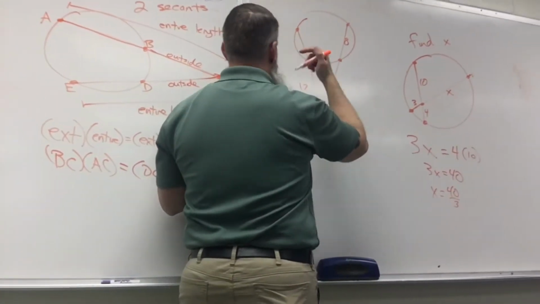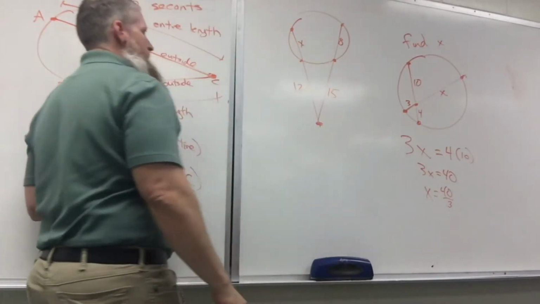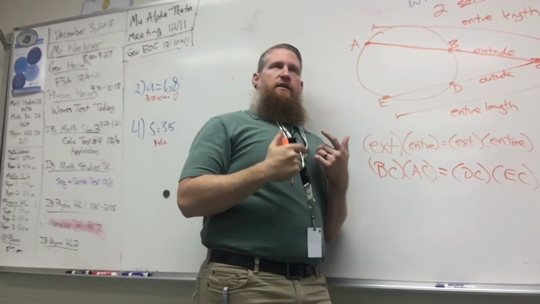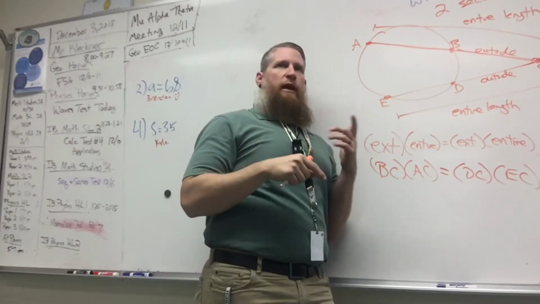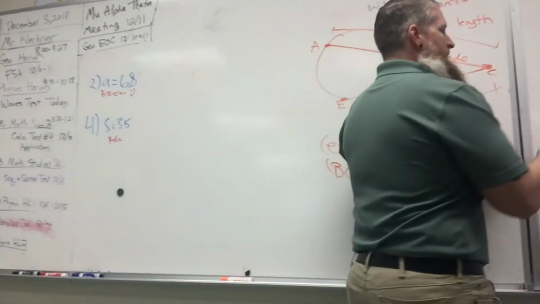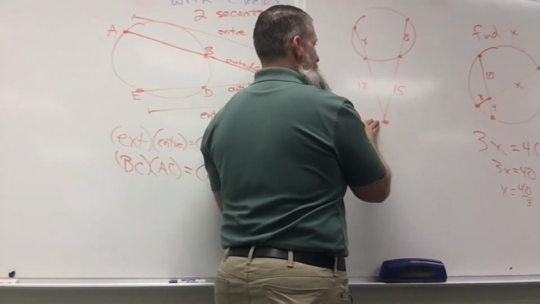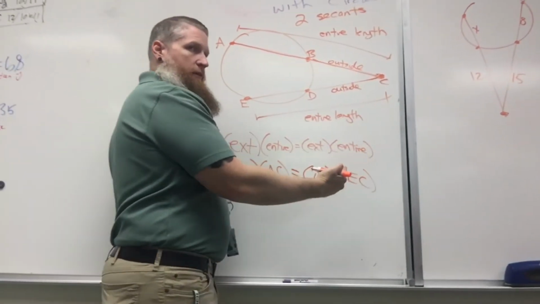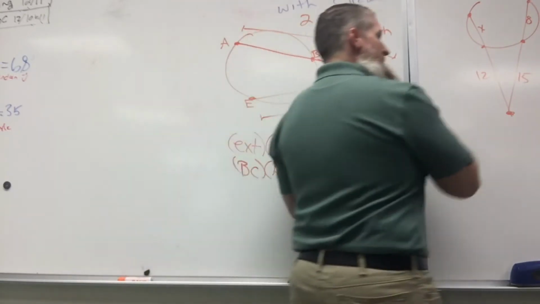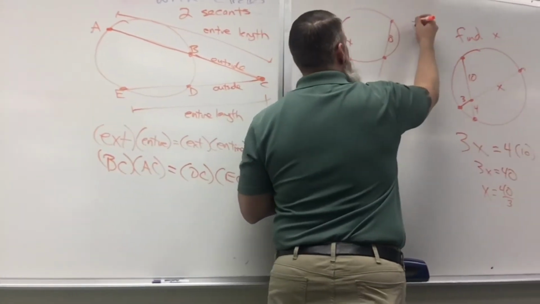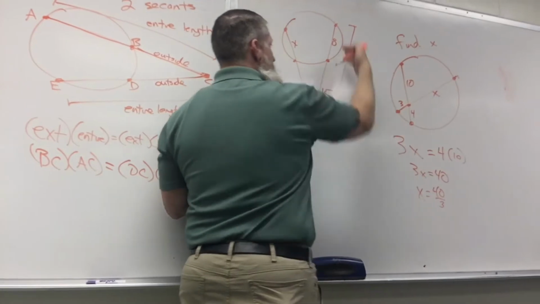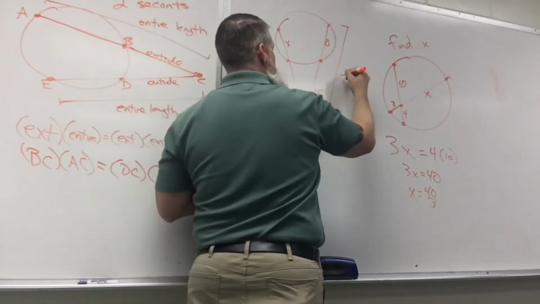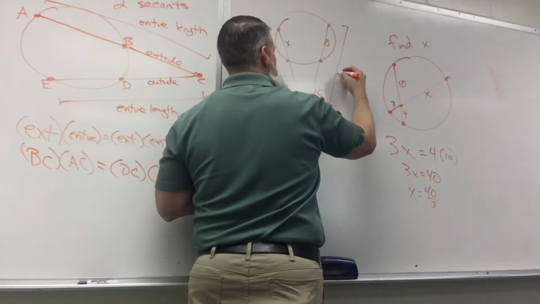And then this will be X. Now, the way I would go about setting this up is I would recognize in my head that this angle's on the outside. So if my angle's on the outside, I've got to set it up with the little equation that's over here. For me to use the equation that's over there, I need some kind of representation for the entire length. So if this part's 15 and that part's 8, what's 15 plus 8?